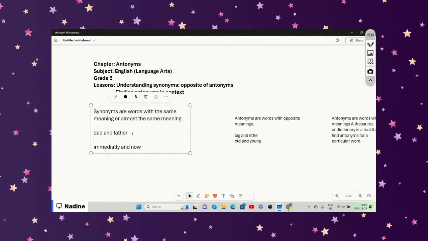Some people call him dad, for example, or you call him father, right? However, whether you call your dad dad or father, the significant meaning of a dad or father is basically still the same, right?